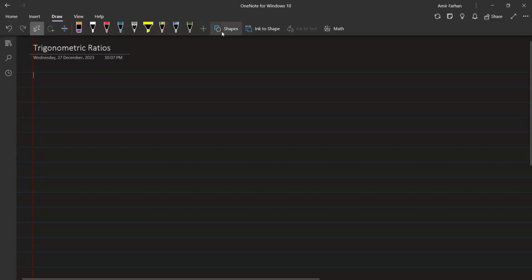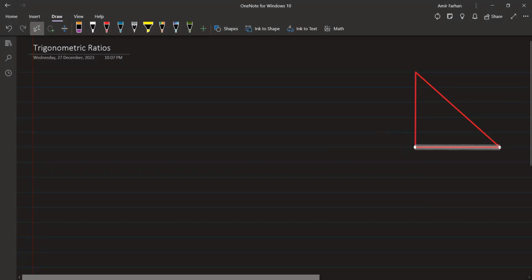Have you heard the Pythagoras theorem? Yes, sir. Can anybody tell me what the Pythagoras theorem is? AB square is equal to BC square plus AC square. Okay, you are saying in terms of sides. Correct.